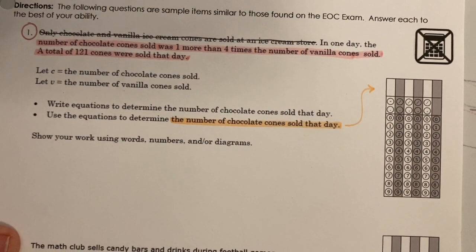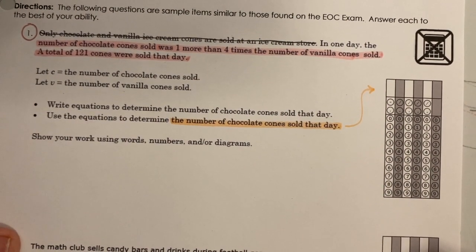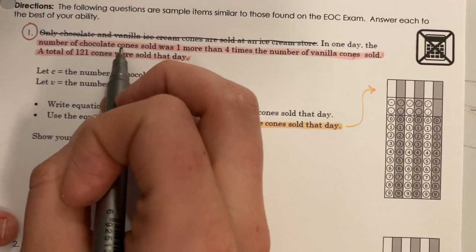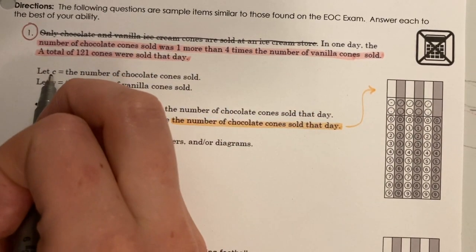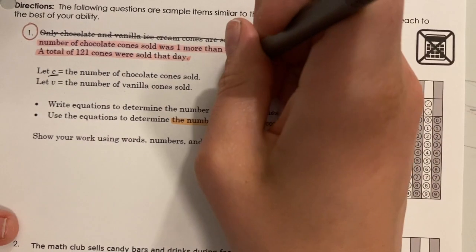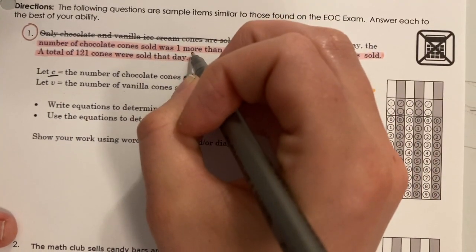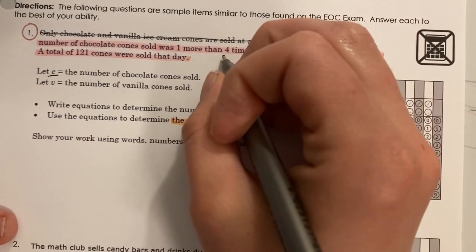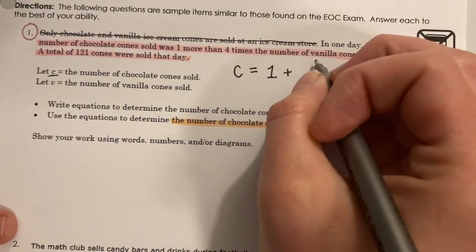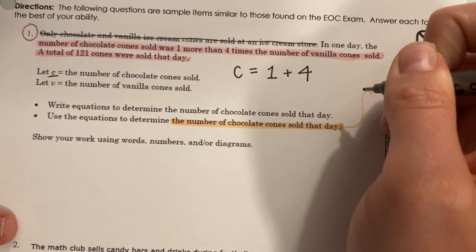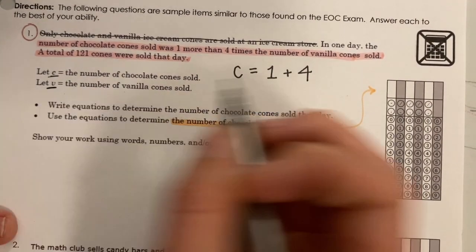So I'm going to create 2 equations because I know that the number of chocolate cones sold, which we're using the letter C for that, equals 1 more than 4 times the number of vanilla cones sold. So 4 times V, which is our vanilla cones.